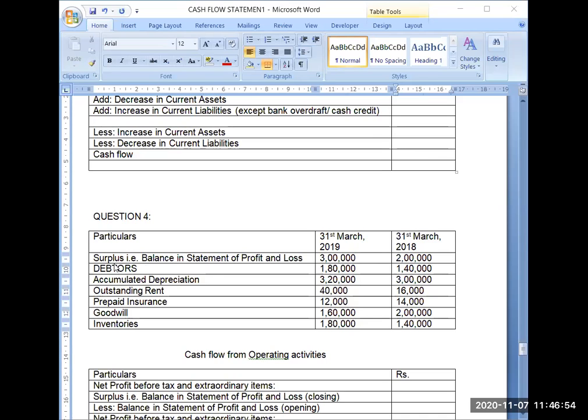Opening balance of debtors was 1,40,000, as it is given here. I want to increase the debtors by 40,000. What journal entry will I be doing?